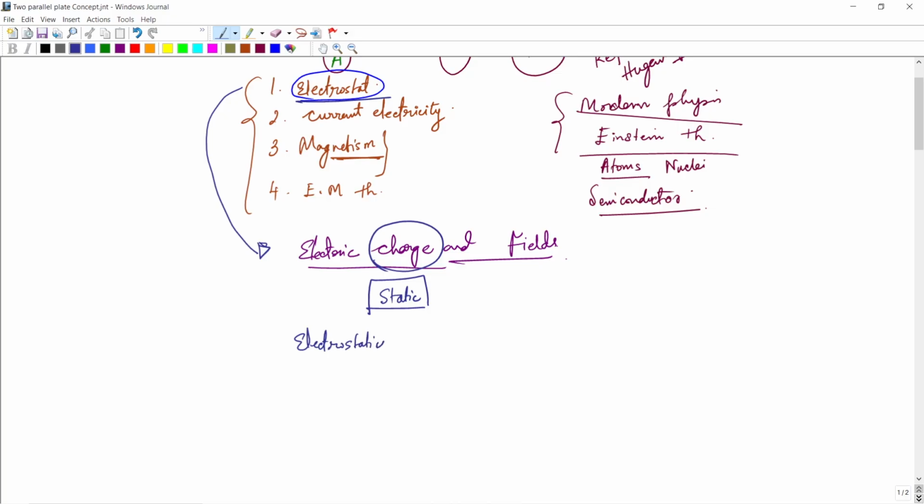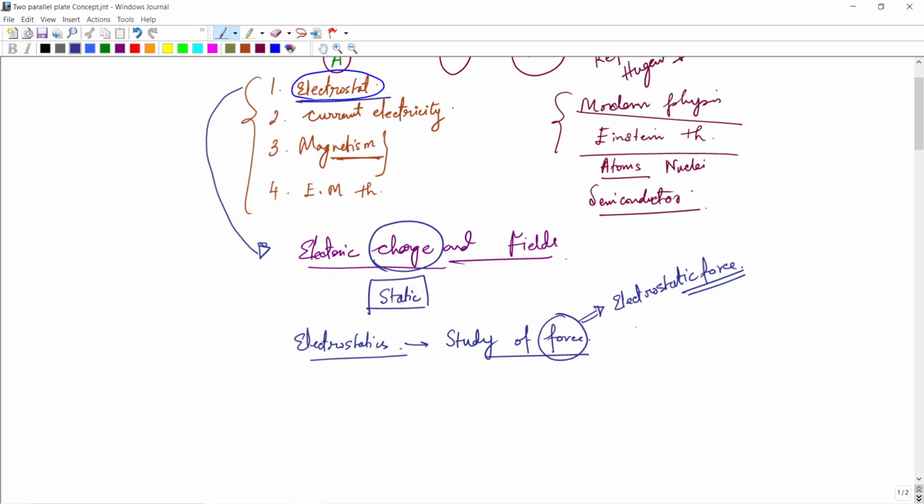This force is the electrostatic force. If two charges are very near to each other, they experience some force, and that is called the electrostatic force.